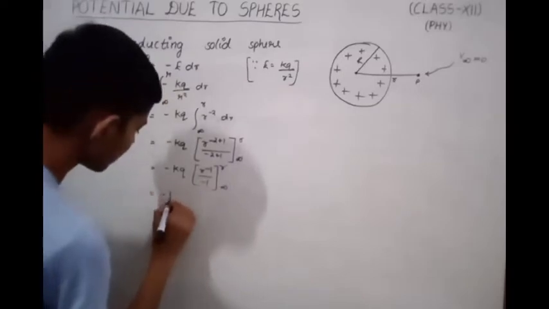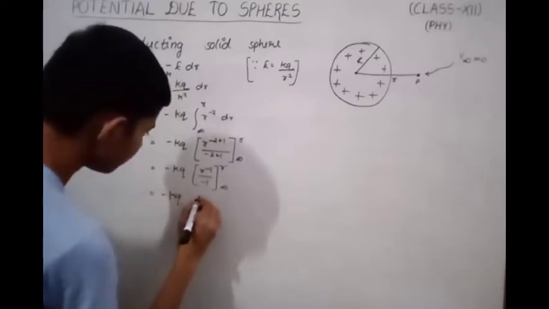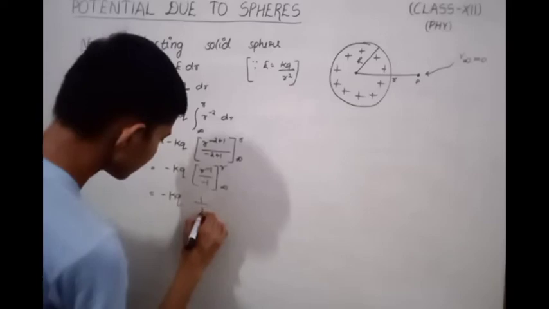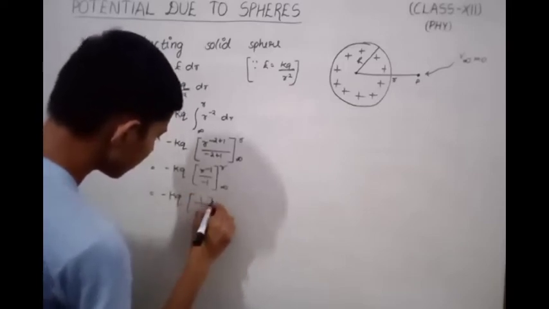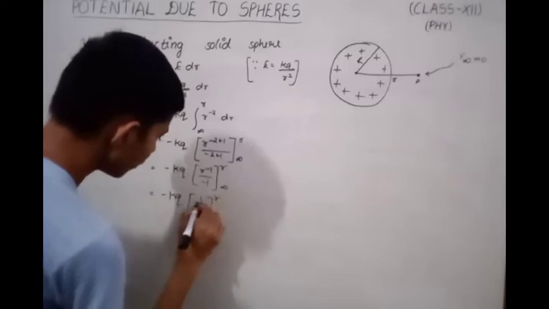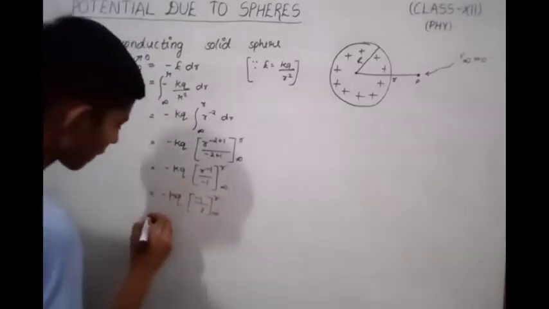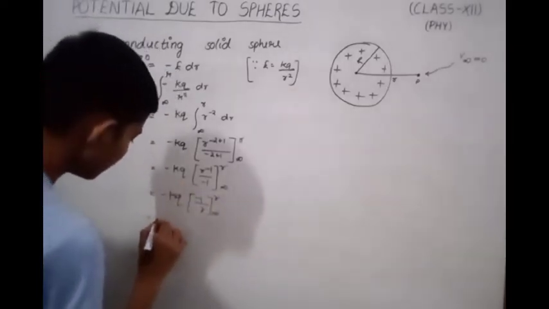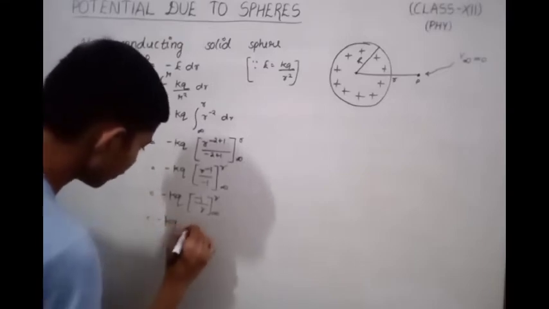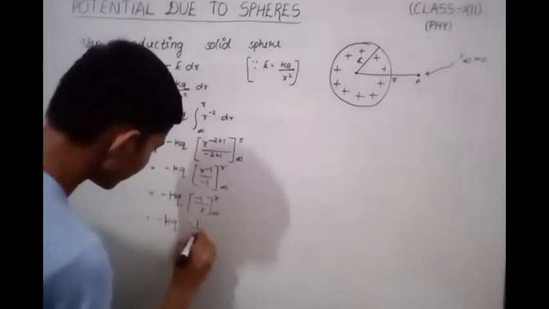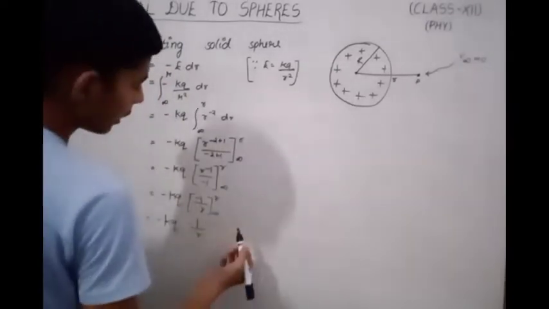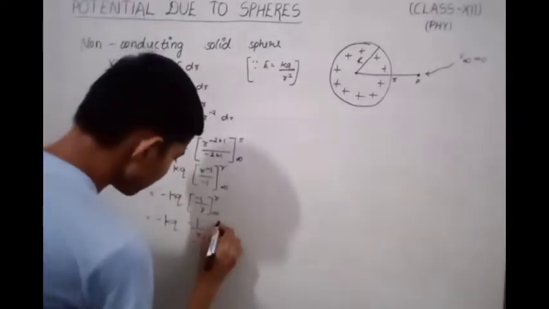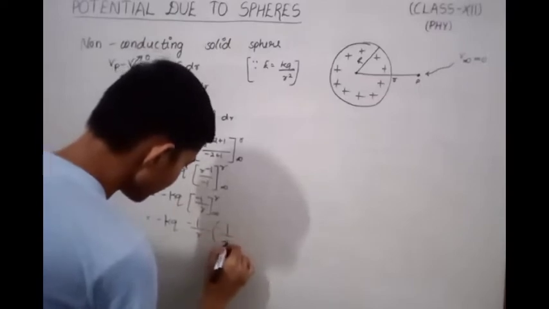This equals minus kq multiplied by minus 1 by r from infinity to r. First we put the upper limit in place of r and then the lower limit, minus 1 by infinity.